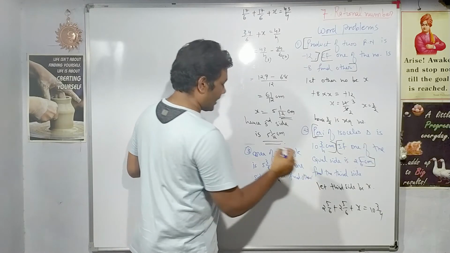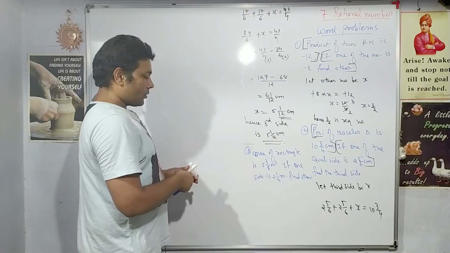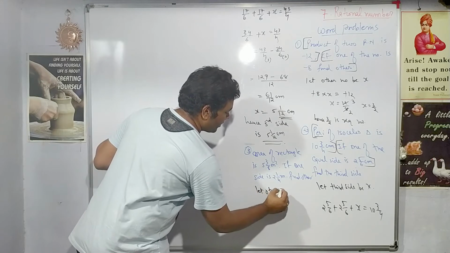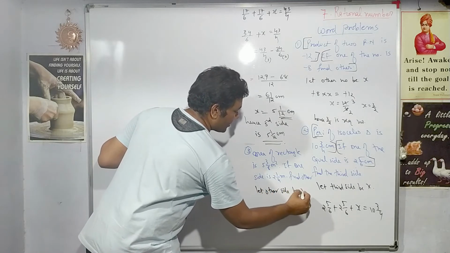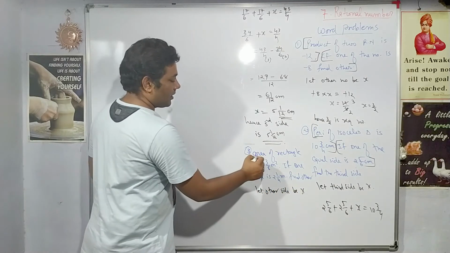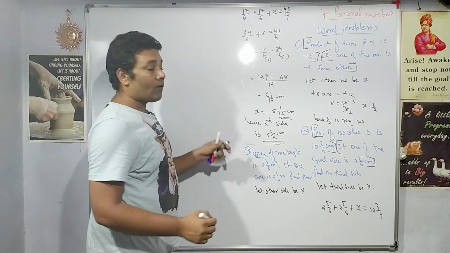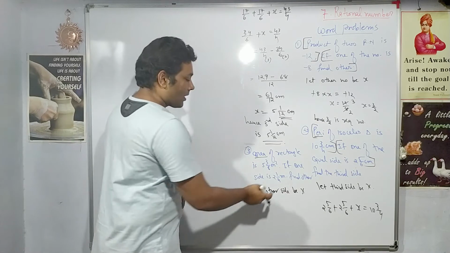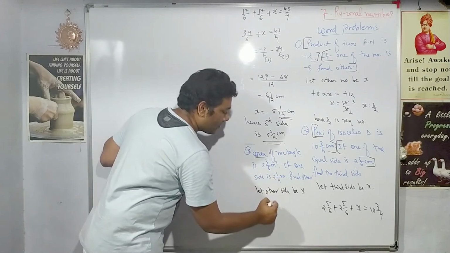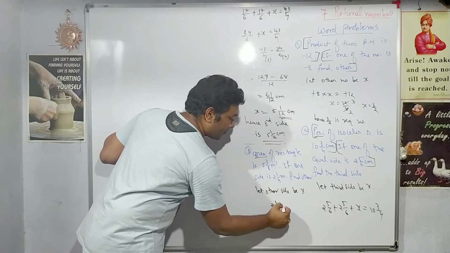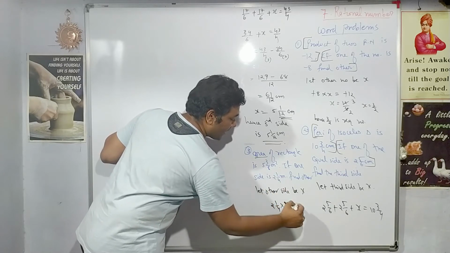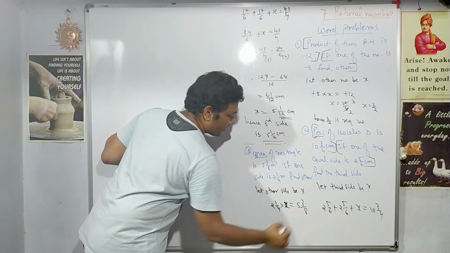Again simple, right? The side which we have to find, we assume it as x, so let the other side be x, right? Since here the word area is used, what is the formula for the area of a rectangle? Length into breadth. So let us say this is one of the sides, which is the length, and the breadth we have assumed as x, and when we multiply we get 5 integer 3 by 8.